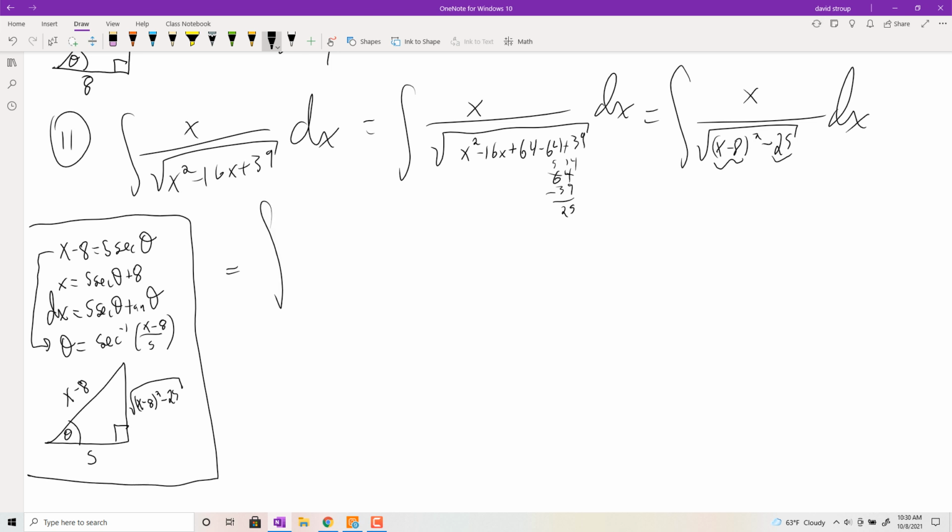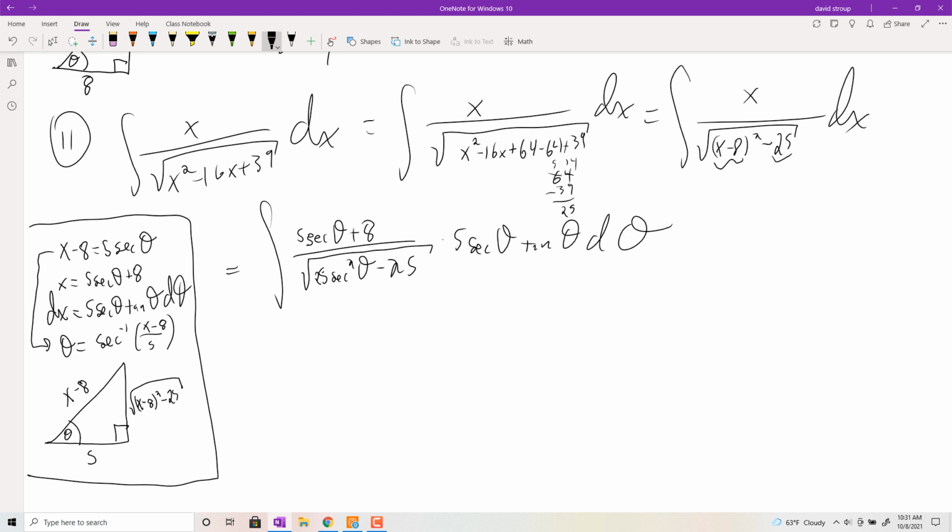So I have the integral of 5 secant theta plus 8 all over the square root of 25 secant squared theta minus 25 times dx, which is 5 secant theta tan theta d theta.